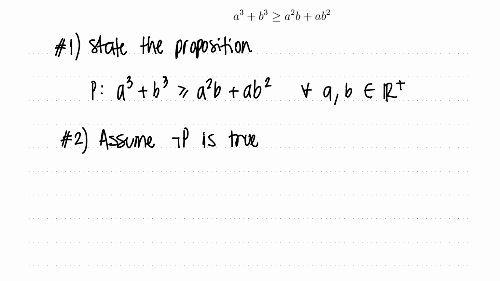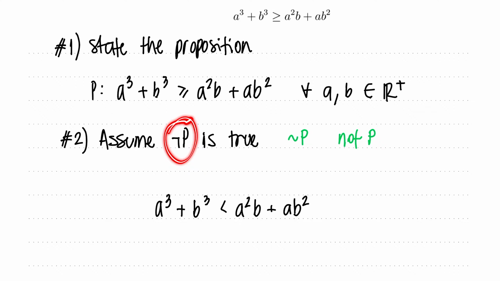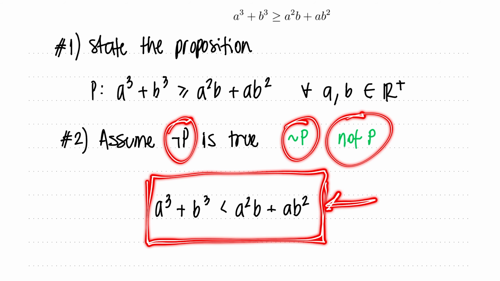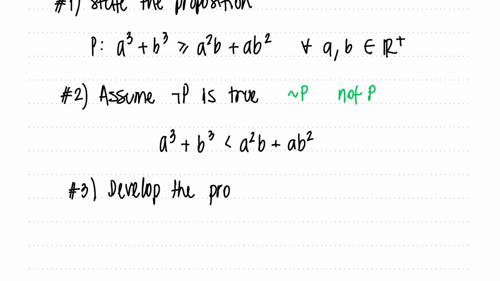Now the negation of that is a cubed plus b cubed is less than a squared b plus a b squared. By the way, other ways that you can write not p are like this. This means not p, or you can just simply write not p. So these 3 are equivalent. Obviously, you do have to state what is not P. Not P is this.